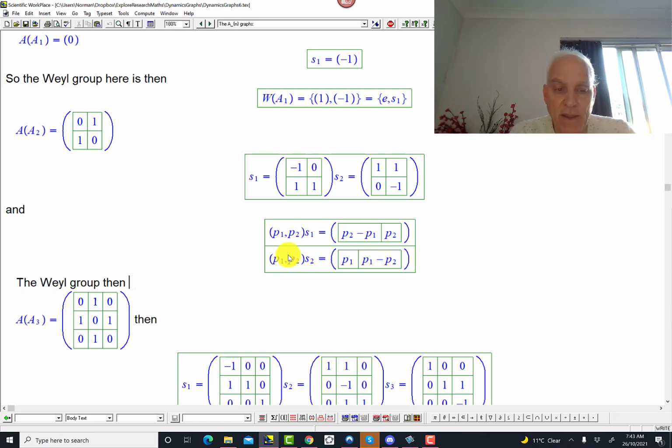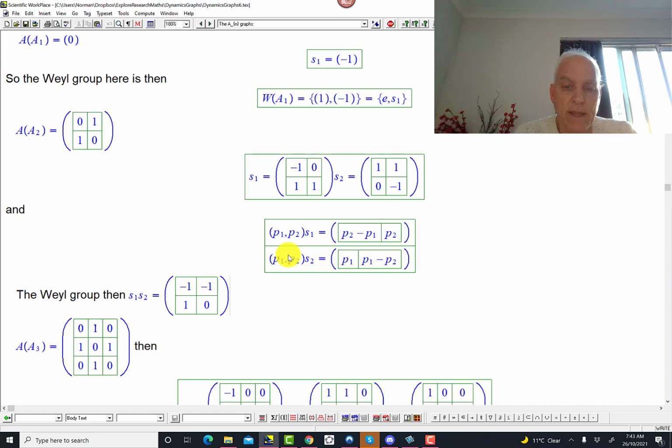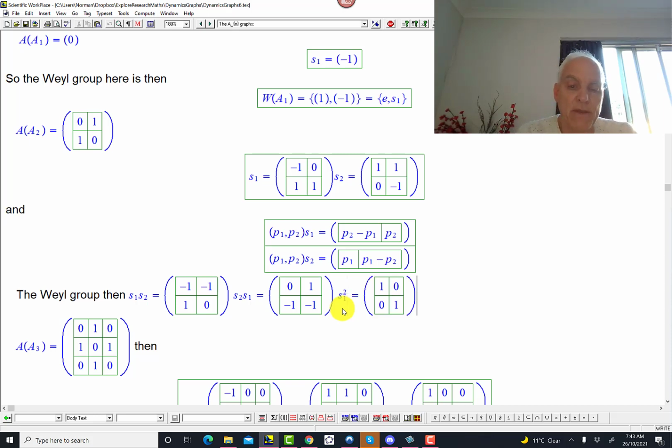So we've defined S1 and S2. So suppose I take S1 times S2 and evaluate that. I get that matrix. That's a different one. If I take it in the other order, S2, S1, I get that one, which is a different one again. Of course, if I just take S1 squared, I'm going to get the identity matrix, which is also in the group.